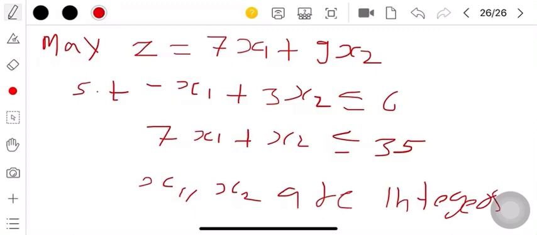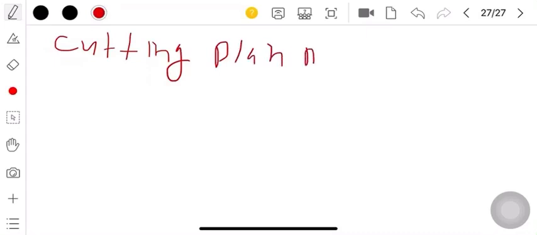So this was the problem which I have discussed just now. I have already discussed the cutting plane method, which is not so important.